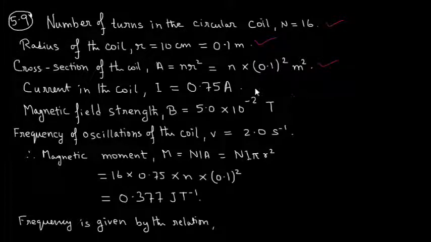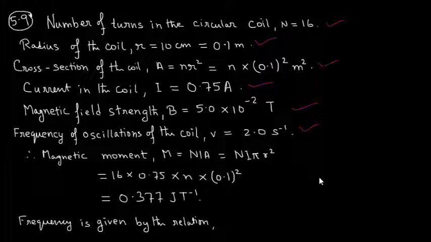Current in the coil I is equal to 0.75 ampere. Magnetic field strength B is equal to 5 multiplied by 10 to the minus 2 Tesla. Frequency of oscillation of the coil nu is equal to 2.0 per second.